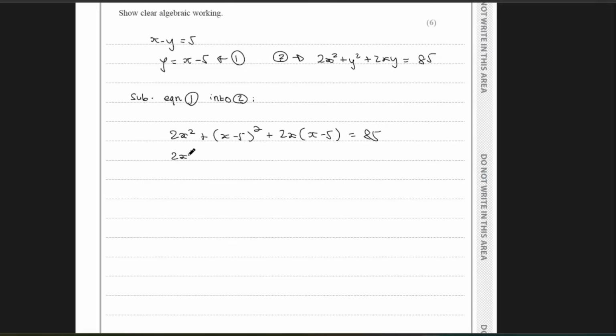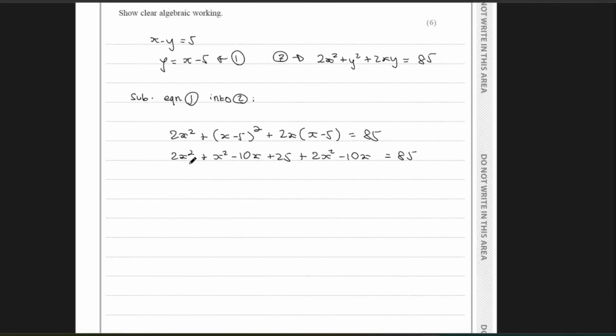So 2x squared plus x squared minus 5 times x times 2 is minus 10x. Minus 5 times minus 5 is plus 25. Plus the next one is 2x times x, 2x squared, and then 2x times minus 5 is minus 10x equals 85. So let's add all the like terms together.